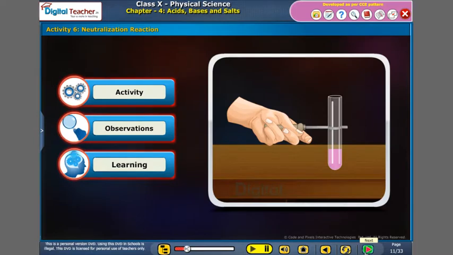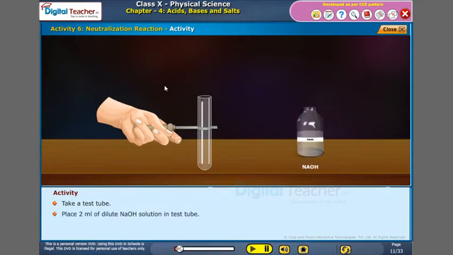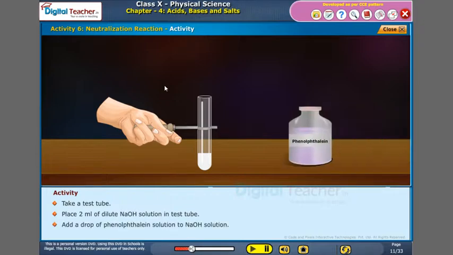Let us perform an activity to learn about the neutralization reaction. Take a test tube. Place 2 ml of dilute NaOH solution in the test tube. Add a drop of phenolphthalein solution to the sodium hydroxide solution.